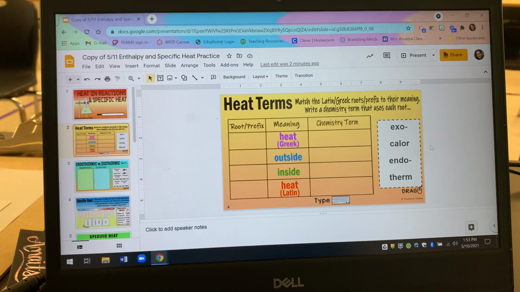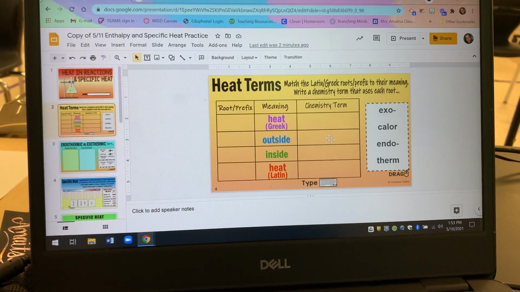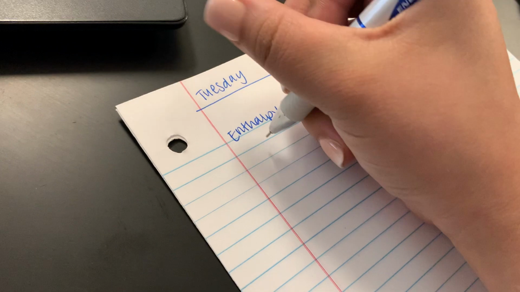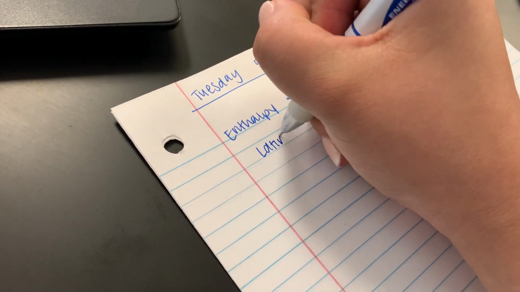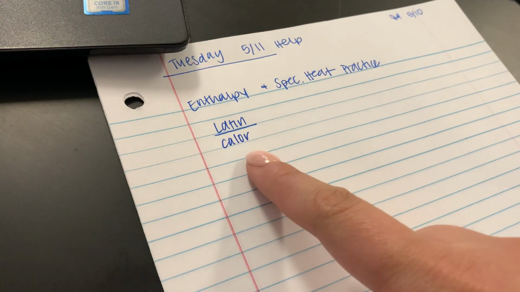So really quick, I wanted to go over two words that I didn't quite explain on this slide. However, outside and inside you should know pretty easily. In Latin, we've talked about some roots, and that is actually calor. For those of you that speak Spanish, calor, what does that mean?